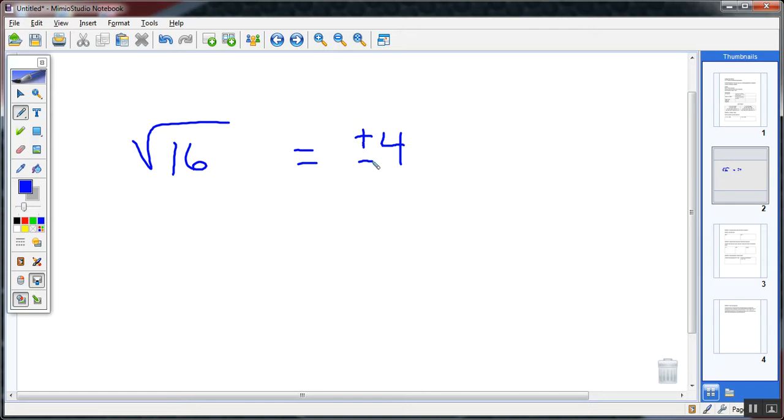Whether you know this or not, we're going to talk a lot about it this chapter, but anybody know what value is up here by this radical symbol? It's actually a 2 that's up there, and yes, the square root of 16 is equal to plus or minus 4.